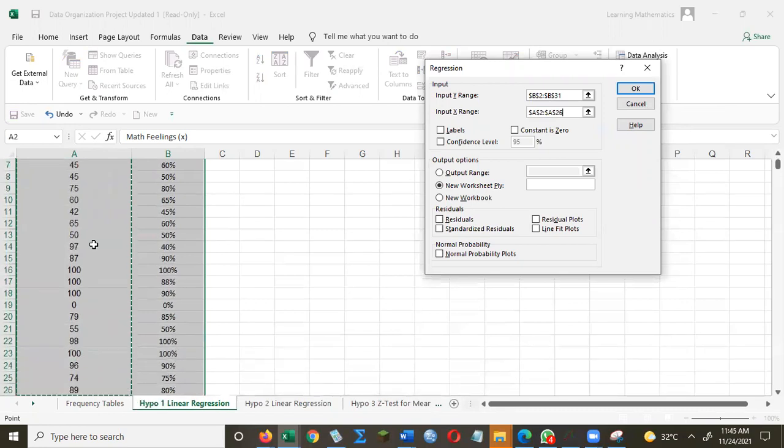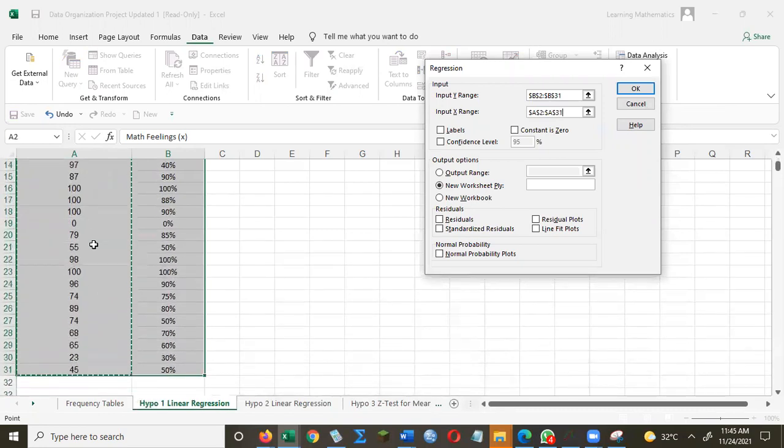Okay, the positive can be 0, which means you have no positive math feelings at all, and up to 100, you're real low, and then you have in between. And then you expect, as your positive feelings increase, your score will increase. Let's see what happens.